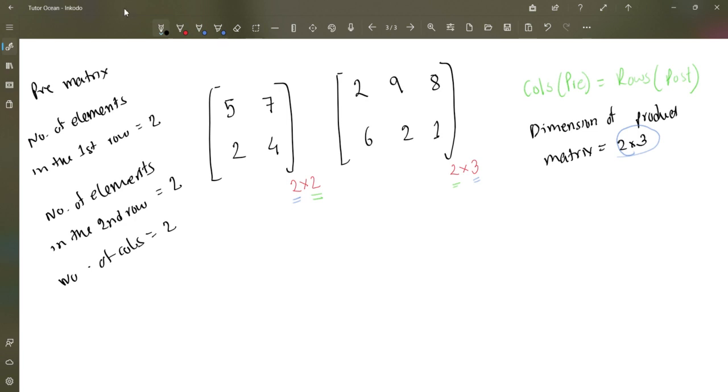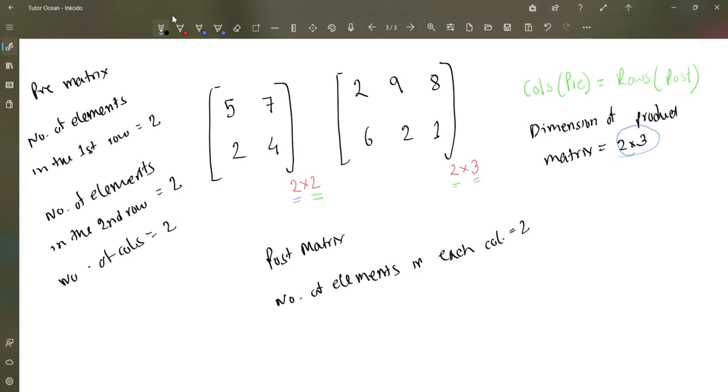Okay, let's talk a little bit about the post-matrix. Same thing. Number of elements in each column equals 2.